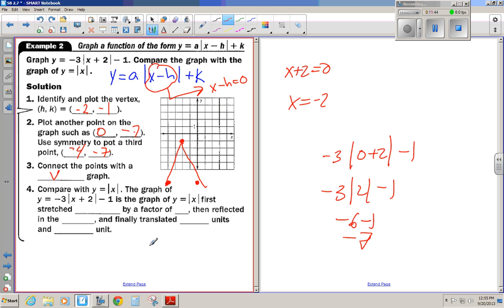and there you go. So compare y equals the absolute value of x with what is given.